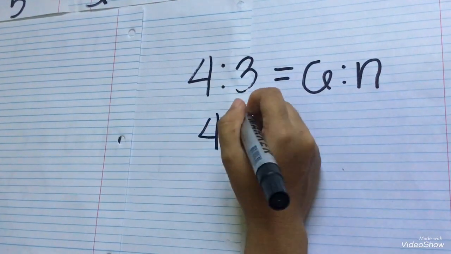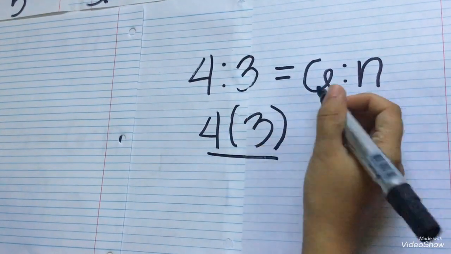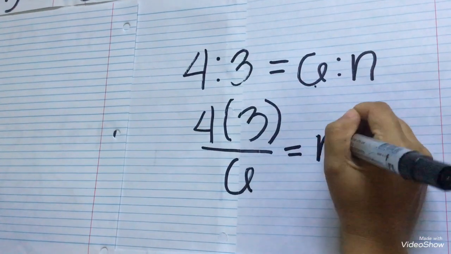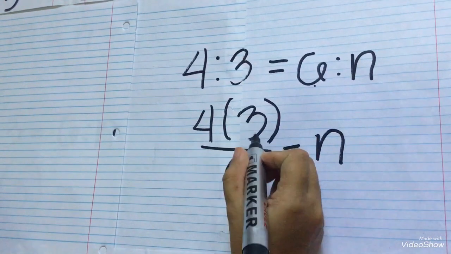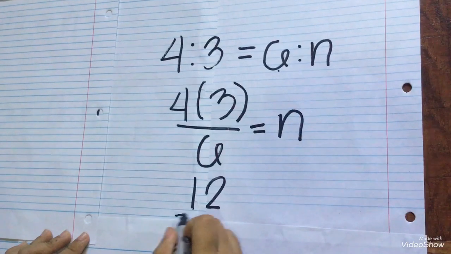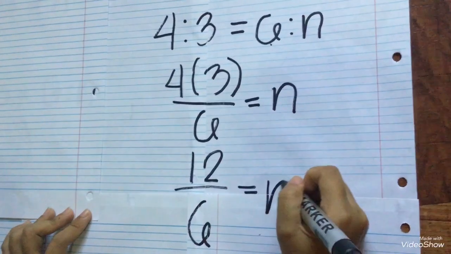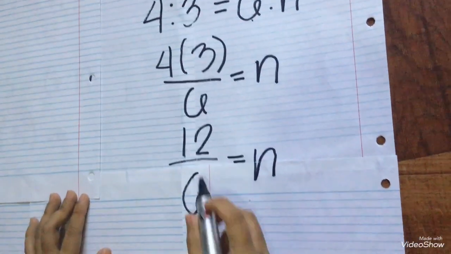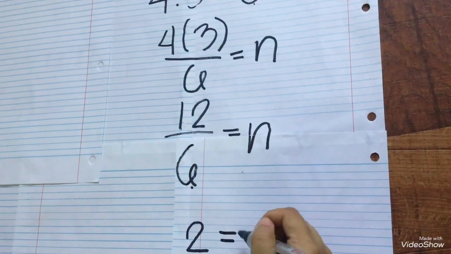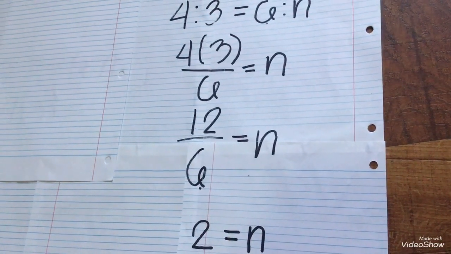We will multiply 4 by 3 divided by 6 is equal to n. 4 times 3 is equal to 12 divided by 6 is equal to n. 12 divided by 6 is 2 is equal to n. Therefore, 6 people can paint a fence in 2 hours.